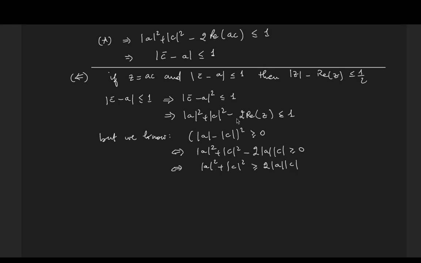If we add -2 Re(z), we will find out that |a|² + |c|² - 2 Re(z) is greater than 2|a||c| - 2 Re(z).